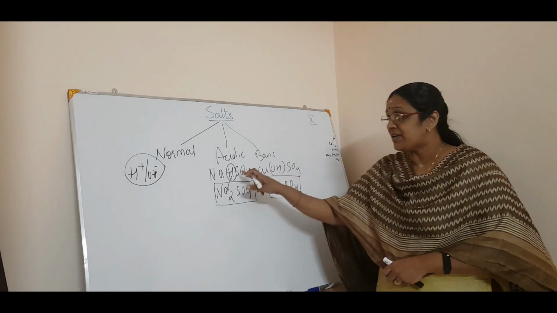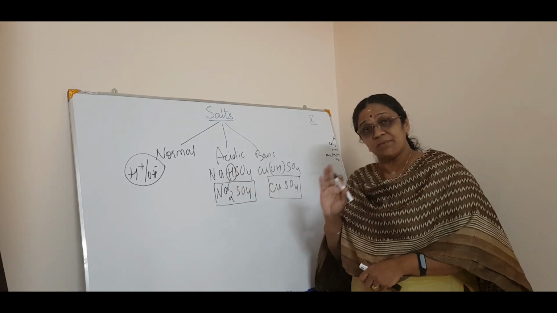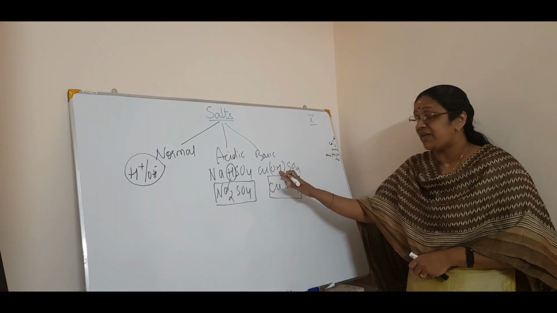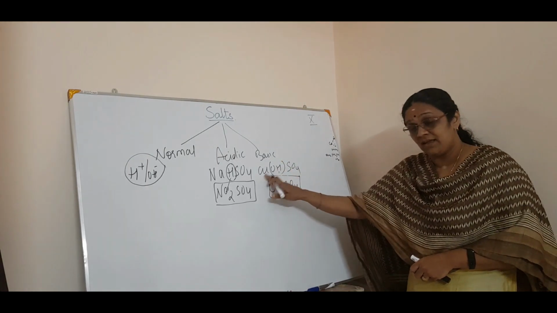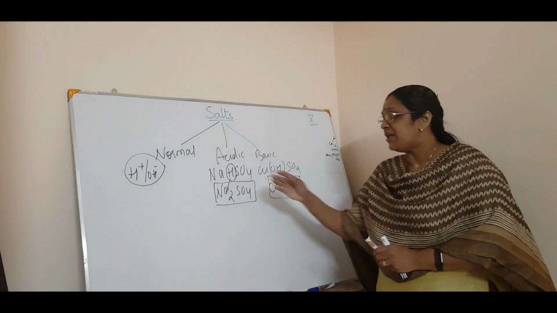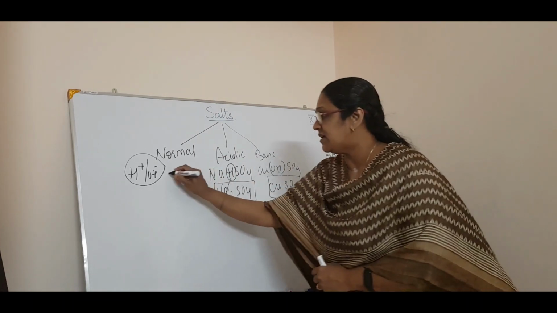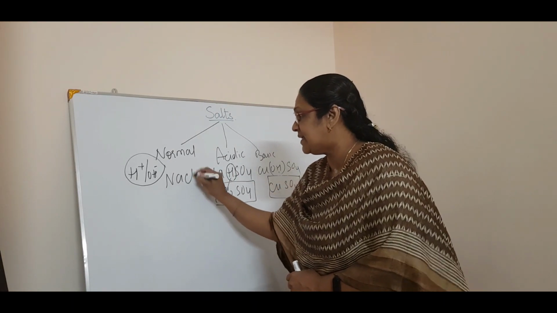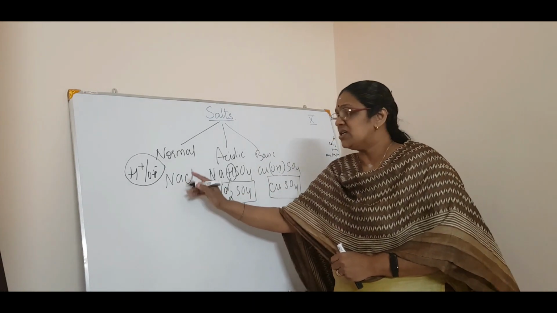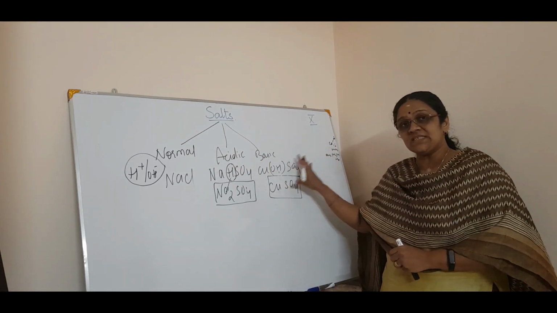But if a salt contains an H, it is called an acidic salt. And in a basic salt, if there is an OH- other than the anion, it is called a basic salt. But if you remove this H and OH-, you will get the normal salt, for example NaCl. See, there is no H and OH-. So this is a normal salt, this is an acidic salt, this is a basic salt.